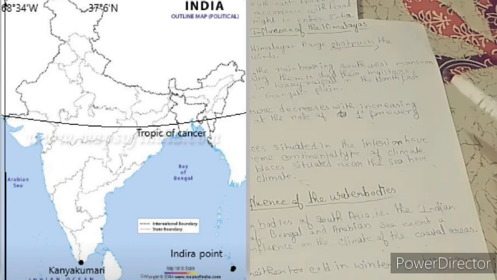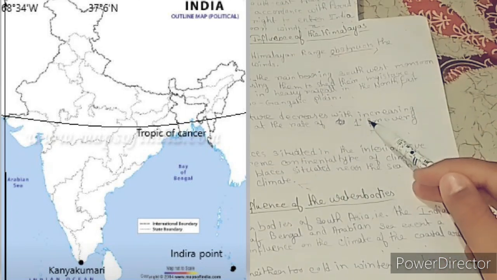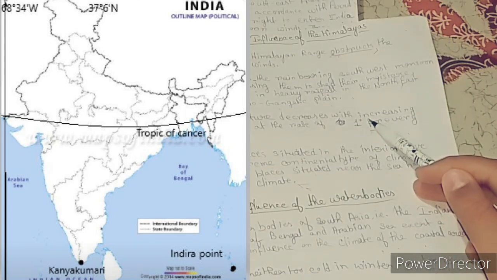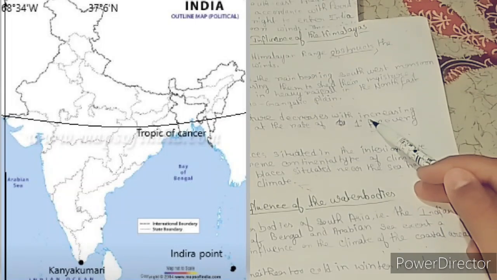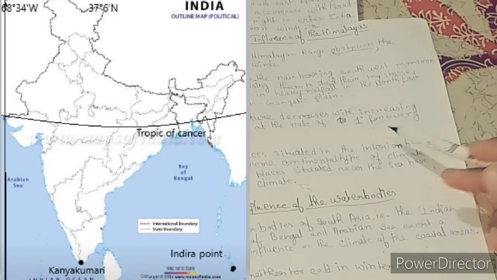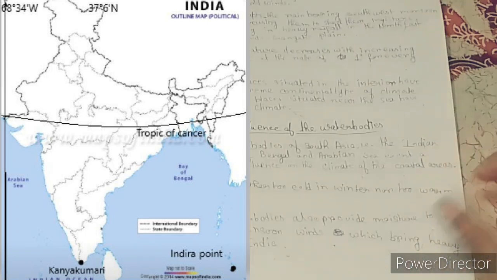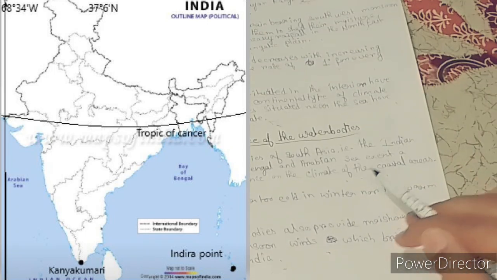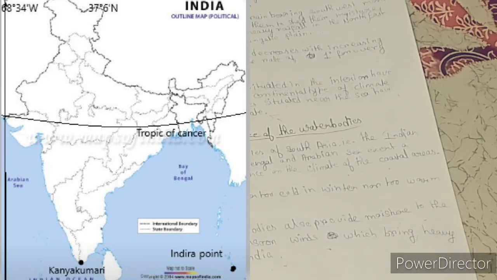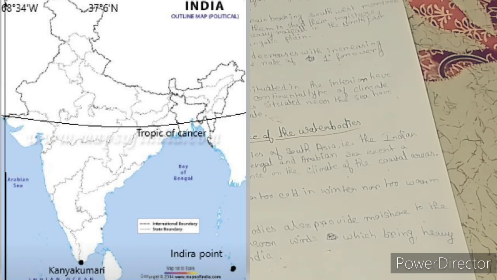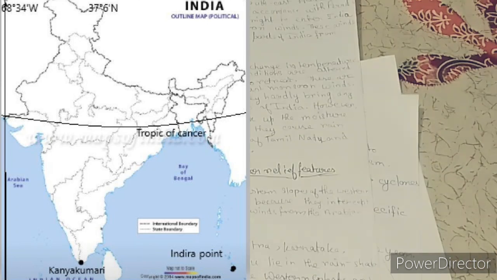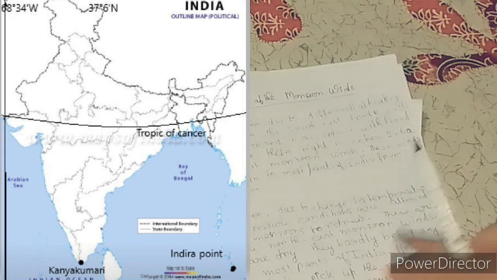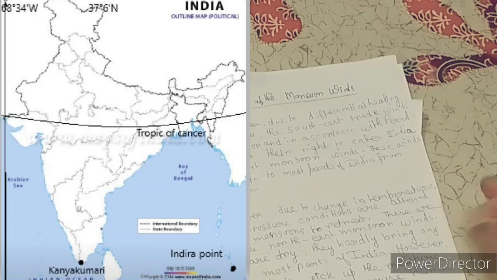We read about the influence of the Himalayas: what is their influence on the climate of India? We also read about the influence of water bodies such as the Bay of Bengal, Arabian Sea, and Indian Ocean. Now, today we will read about the impact of the monsoon winds.